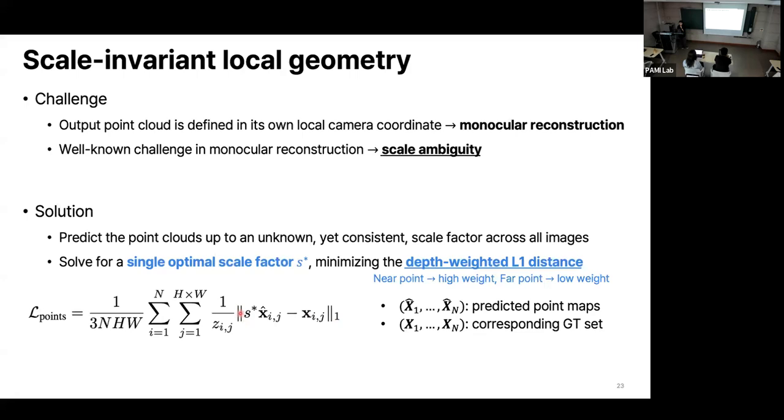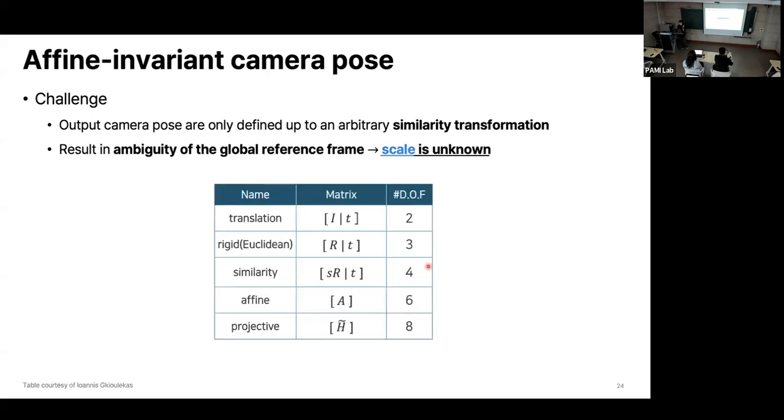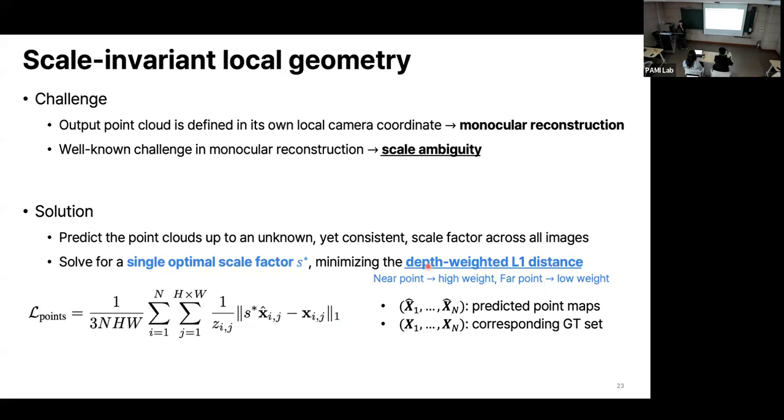So they want to get these optimal scale vectors. And they use depth-weighted error distance to give higher weight to the near points and lower weight to the far ones.